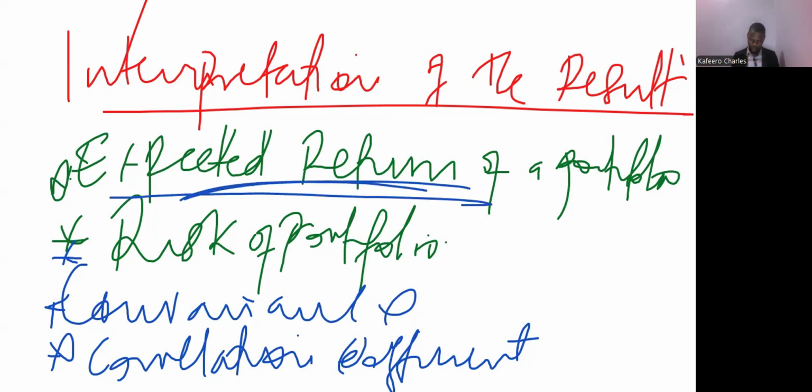Because the expected return is going to give us a different answer that will feed into the computations of the risk of a portfolio. In each of the two, we comment differently. So we are going to look at the different ways of how we can comment based on the formula that we have used to compute these two aspects.